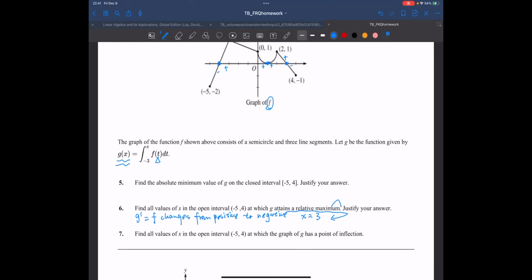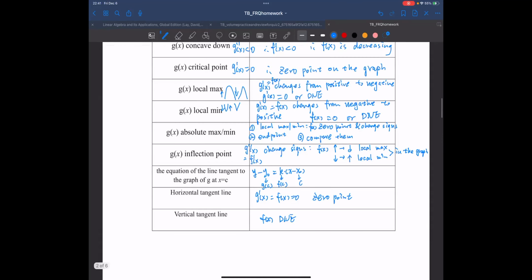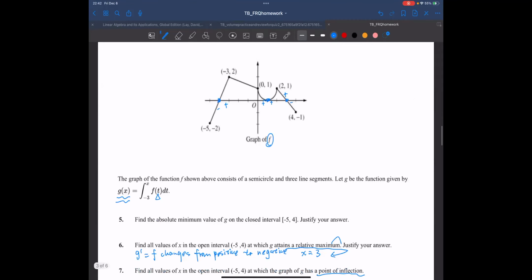And question 7 is about the point of inflection. In the table, we can see that if we want to get the inflection point of g of x, then we will look for the critical point, not only the critical point, but the local maximum and local minimum in the graph.